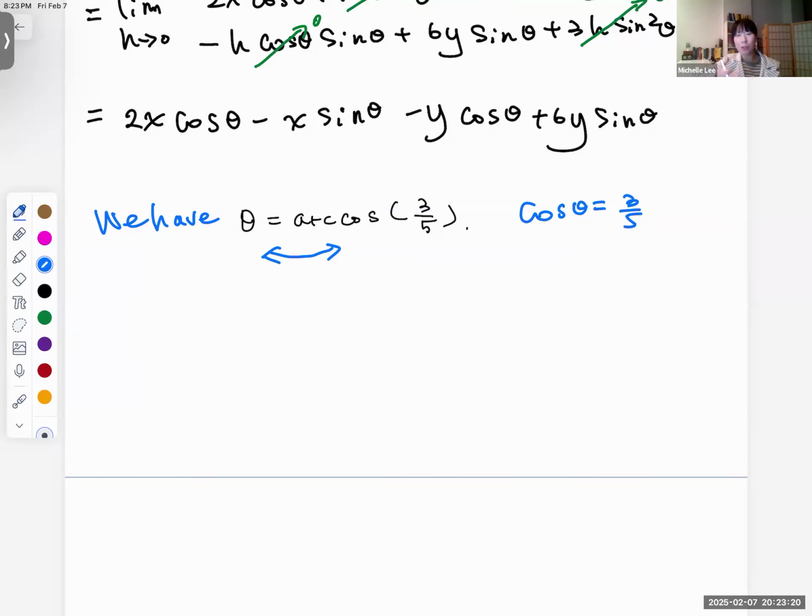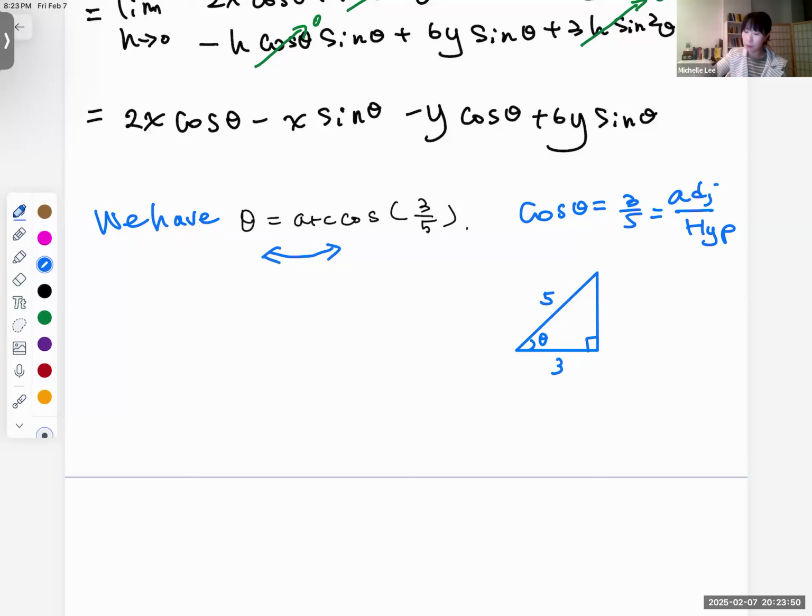In terms of right triangle, adjacent over hypotenuse, right? So there will be adjacent over hypotenuse. Let's denote it this way. So there will be, in the right triangle, angle theta is there. So adjacent is 3, hypotenuse is 5.